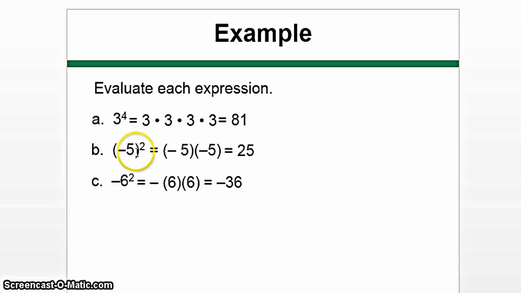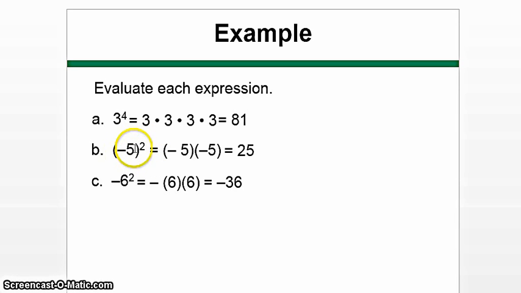The second example, (-5) to the power 2. Here -5 is inside the parenthesis, so -5 is the base and 2 is the exponent.